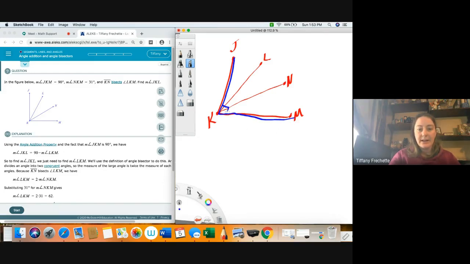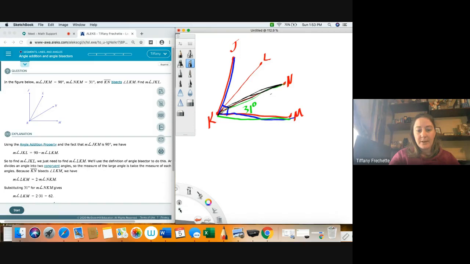So I'm going to put a big 90 in here that's going across all of them in a different color. And then it says, I'll do this in green, NKM is 31 degrees. And it also gives us this little bit of information. It says KN, so this line here, I'll do in black, bisects LKM.